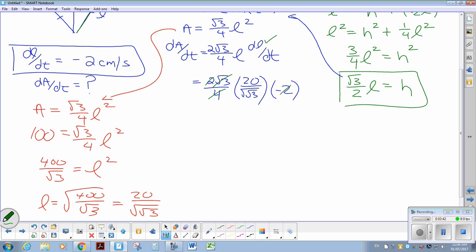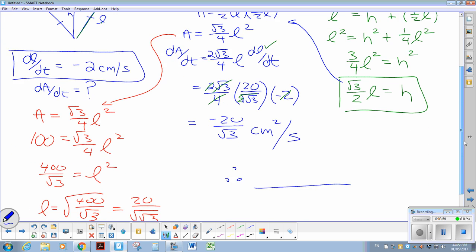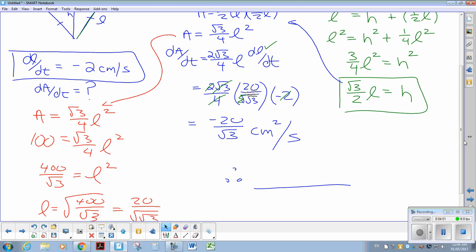Root 3 will cancel out one of those square root signs. So that means I end up with -20 over root 3 centimeters squared per second. So there is the solution to number 8. If you have any questions with that one, let me know, and I'll try to help you out.